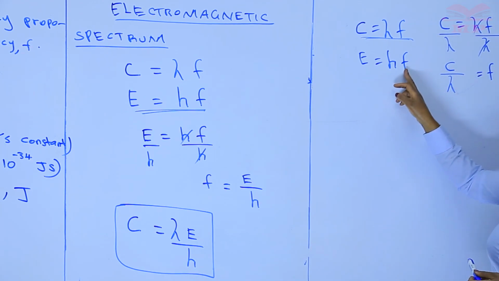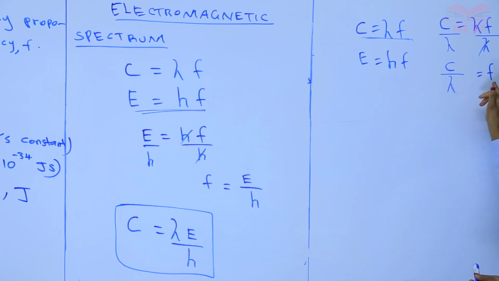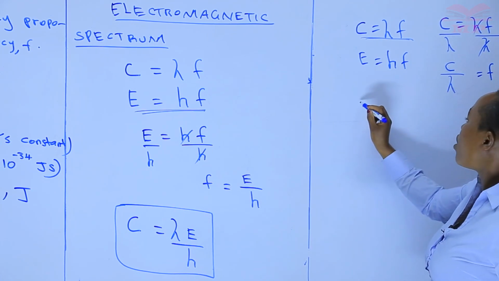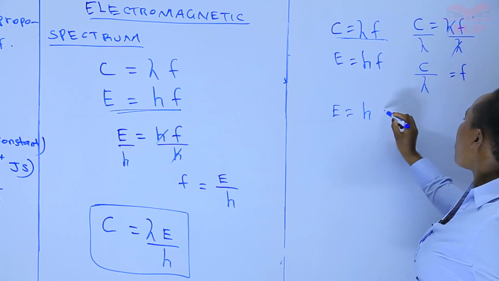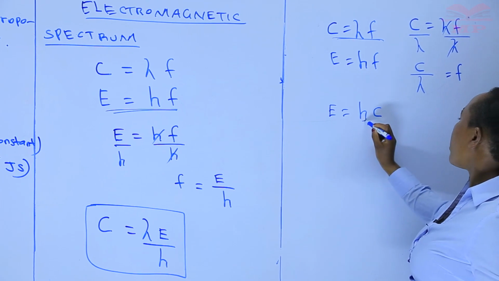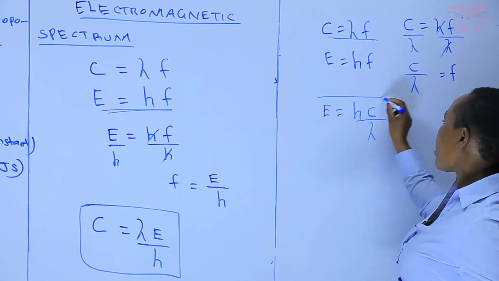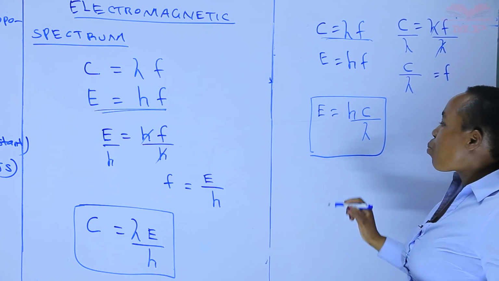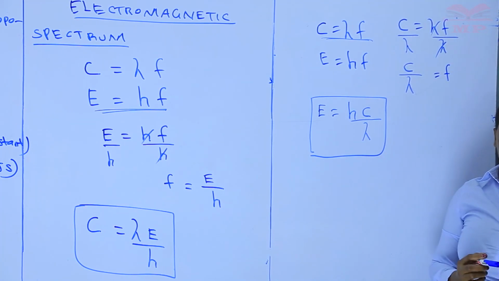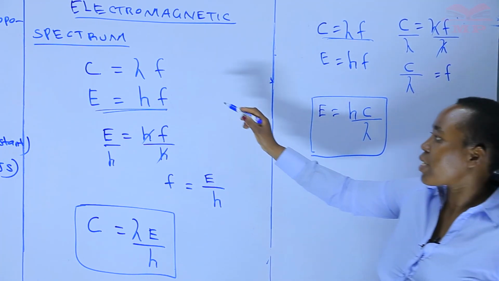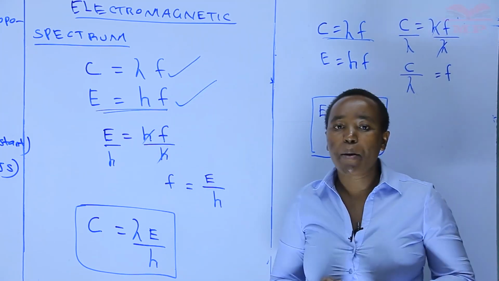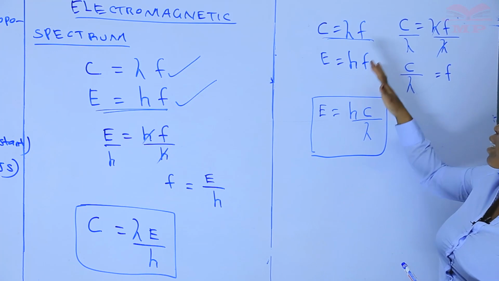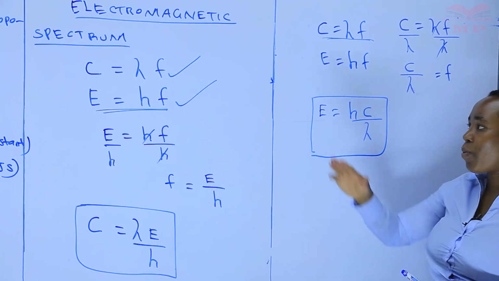So where we have f in our second equation, we can substitute with c over lambda. We are going to have E equal to Planck's constant multiplied by the speed of light divided by the wavelength. Provided you have these two formulas, you can get any other formula from the two.